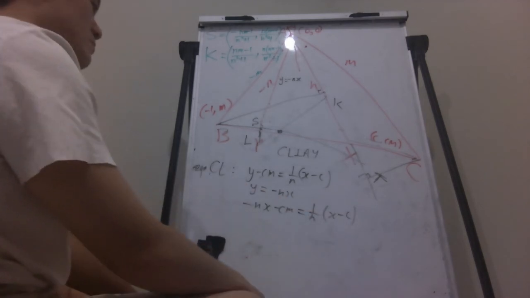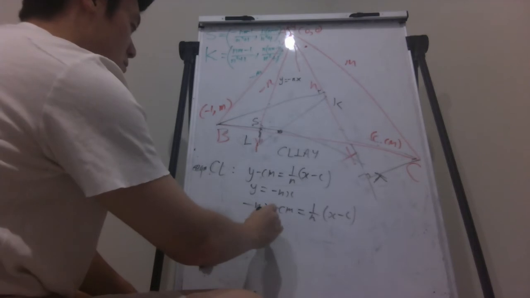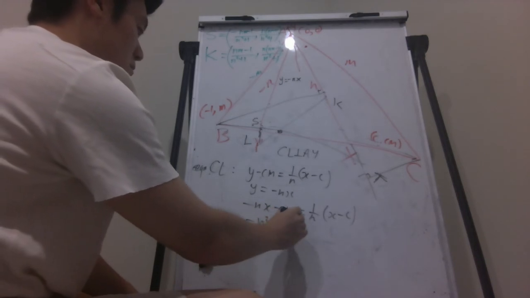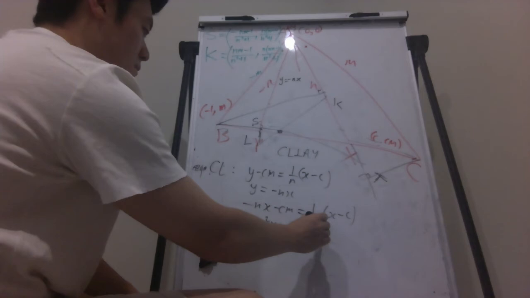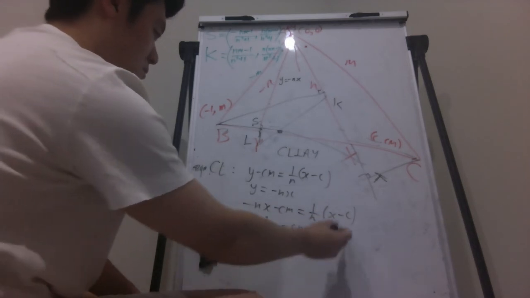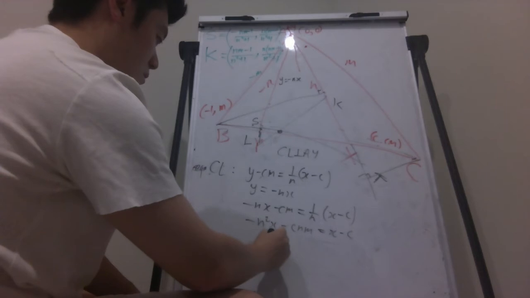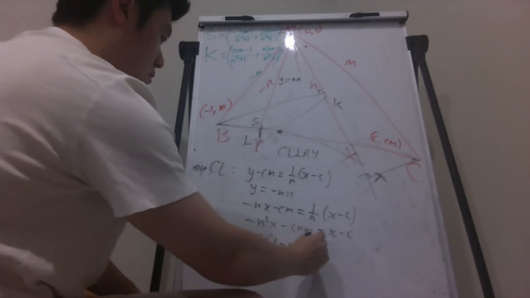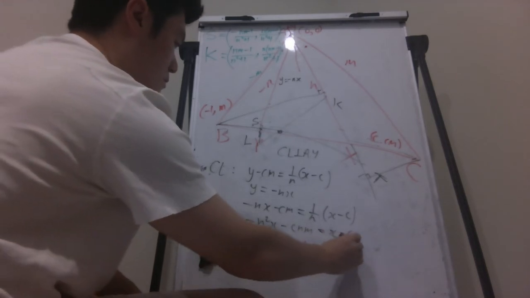I really don't need to do this for you, do I? Minus n squared x minus cnm equals x minus c. So then x, bring the c over, right? c times 1 minus nm equals x outside of n squared plus 1.